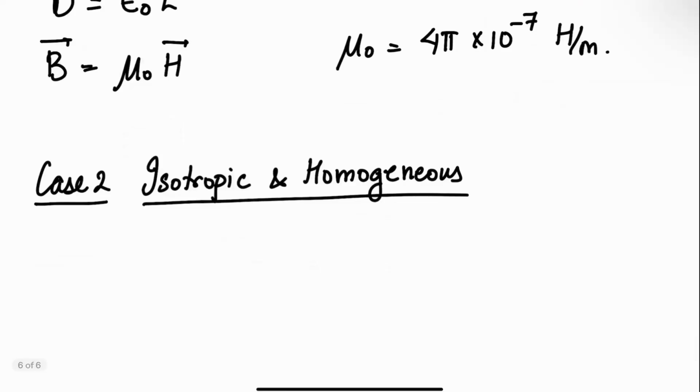The next case, the next simplest case, is isotropic and homogeneous. So what does isotropic mean? Isotropic means that the material properties are not a function of the electric field direction.